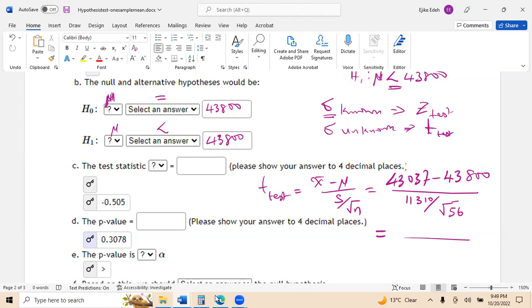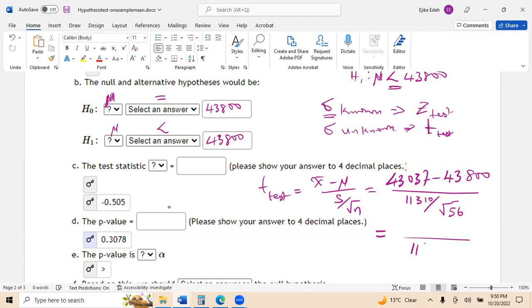Let's start with the denominator. First I have the square root of 56, and that is 7.4833 and so on. Then I divide 11,310 by the square root of 56.